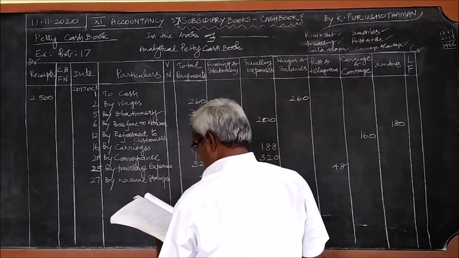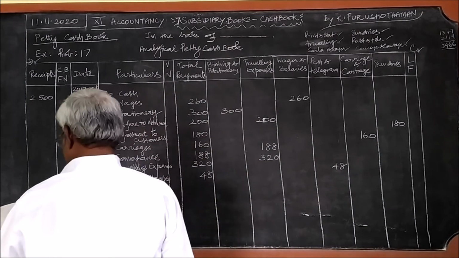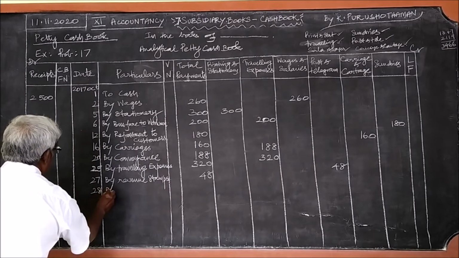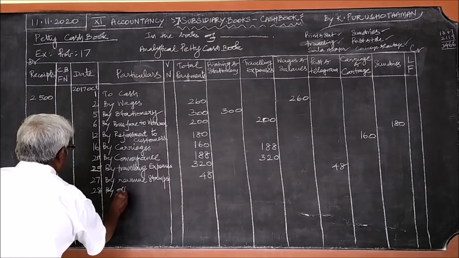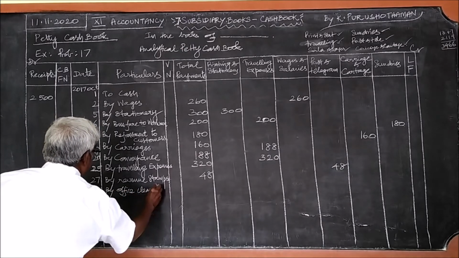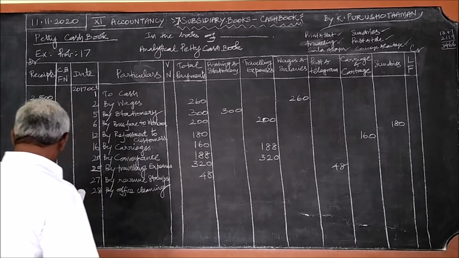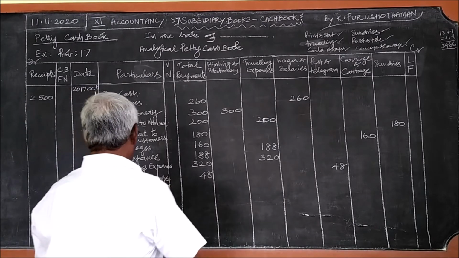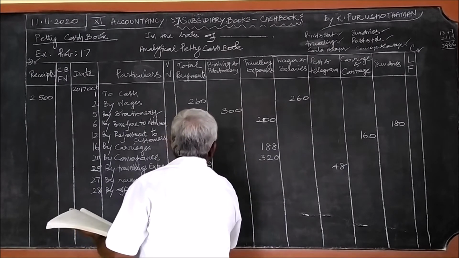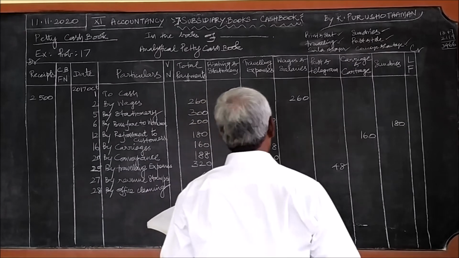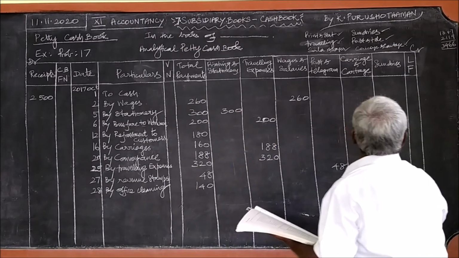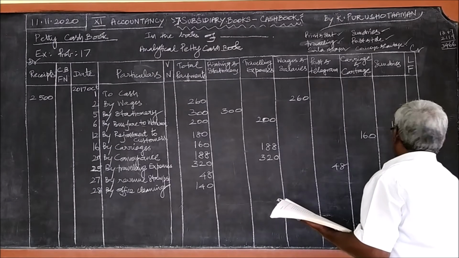Then 28, paid for office cleaning. By office cleaning 140. Office cleaning 140, that also can be written in sundry expenses.